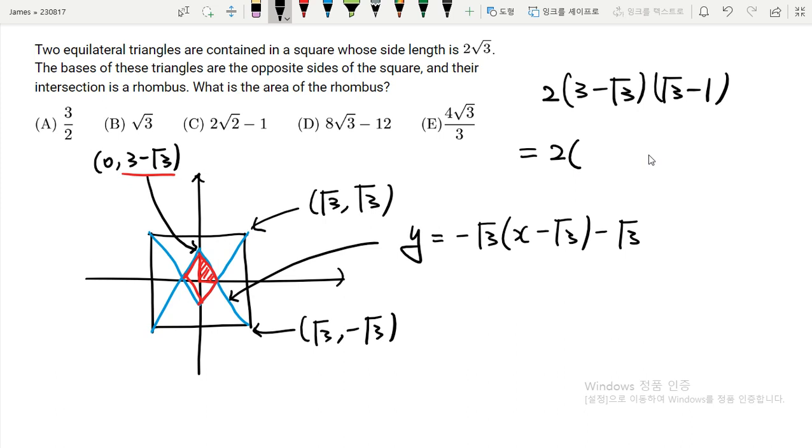So when you open this parenthesis, yep, when you simplify this expression, which one from the choices is the answer?